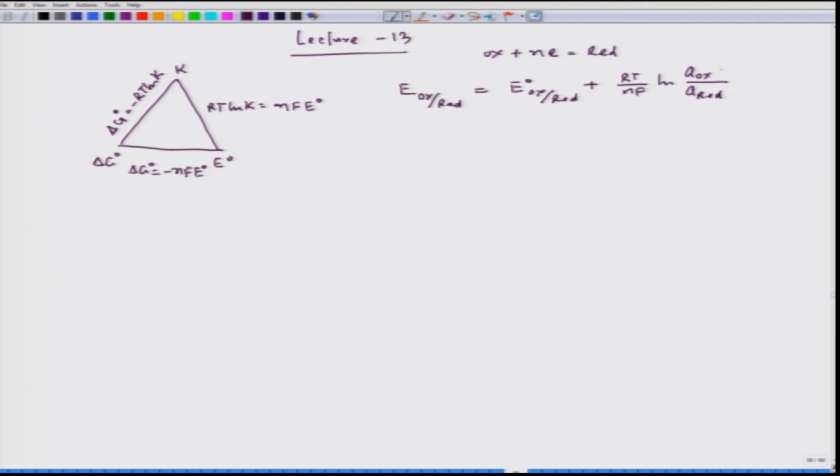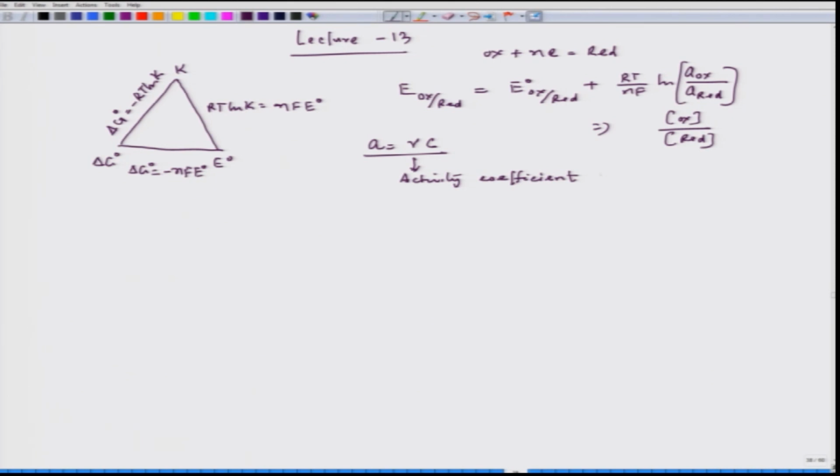At the same time, this activity part can be written in terms of molar concentration of ox and red when we consider dilute solution and also ideality. Means activity equal to activity coefficient times the concentration in molar concentration.